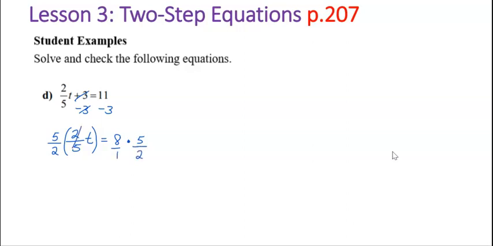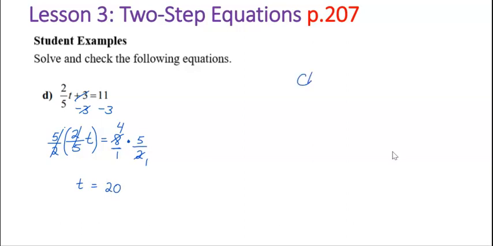That will cancel it out right away. So t is equal to 8 over 1 multiplied by 5 over 2. I'm going to cross reduce here, divide by 2, divide by 2. My denominator is now at 1, so I can drop that. 4 times 5 is 20.